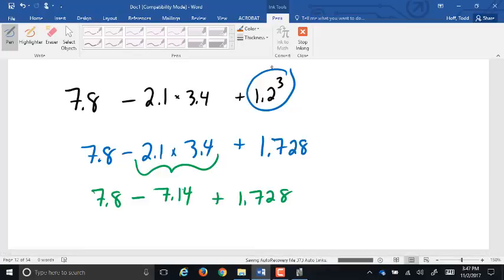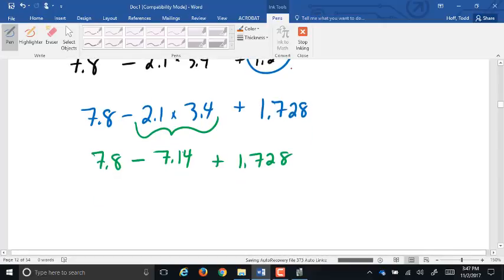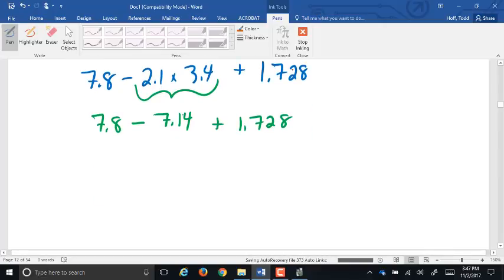On that, there's an SD key on that calculator. Hit that, it should turn into a decimal. Okay. You bet. So now we've got addition and subtraction, so we are going to go left to right here. We've got 7.8 minus 7.14 is 0.66.